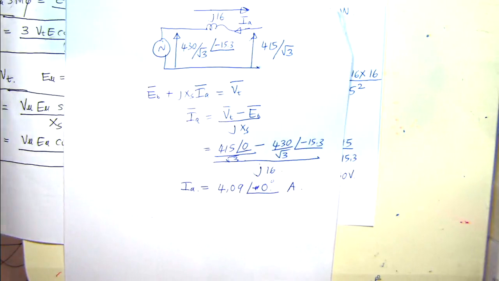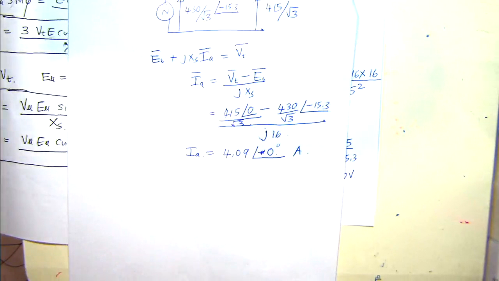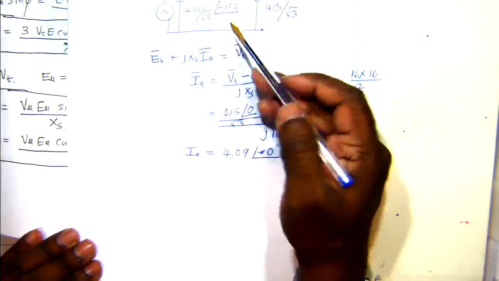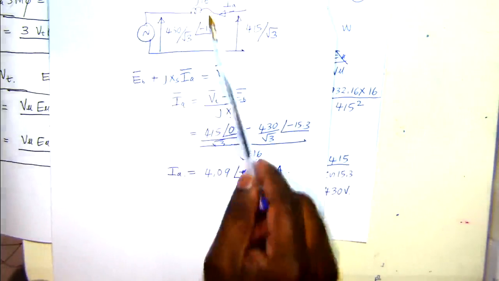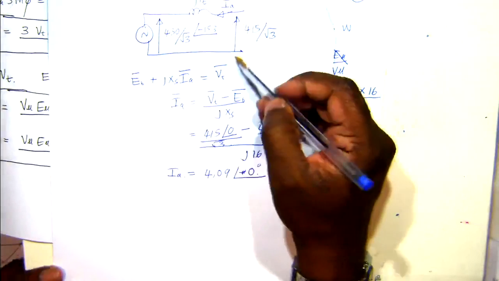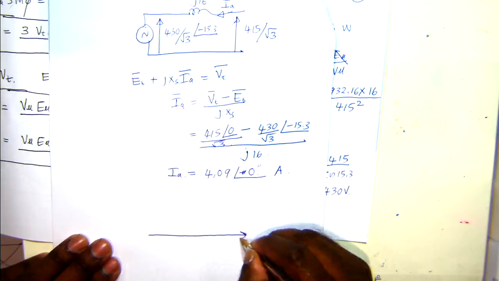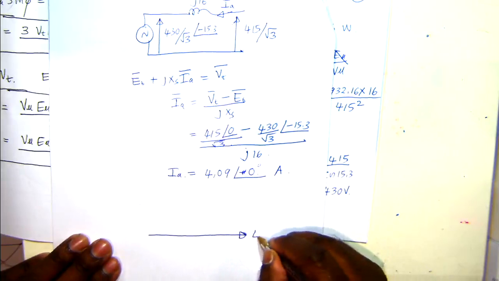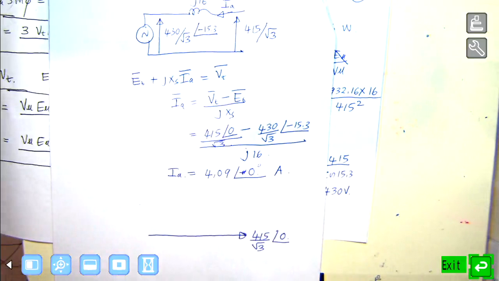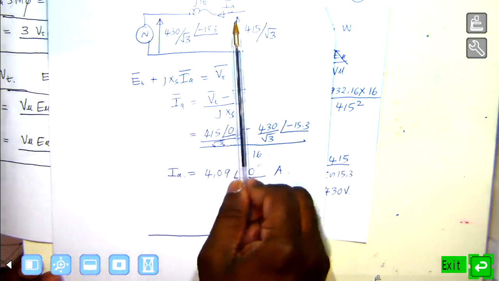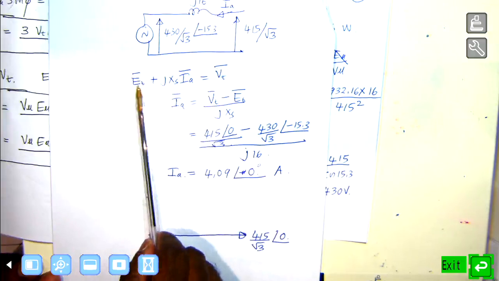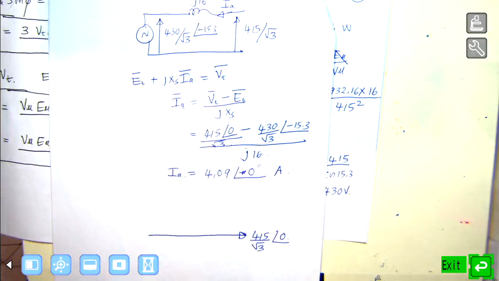So you should be able to draw the phasor diagram for this condition as well. So first, if you're drawing the phasor diagram for this particular arrangement, you can first draw the reference phasor. That's the terminal voltage. That's at phase 0, 415 over root 3 phase 0. That's this. So that equals EB plus this particular value here.